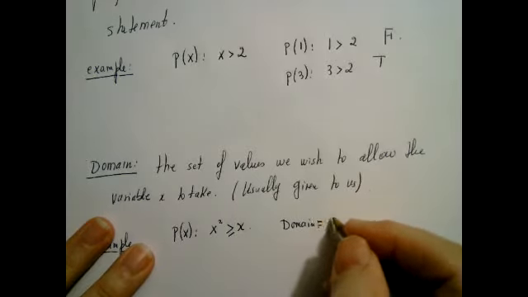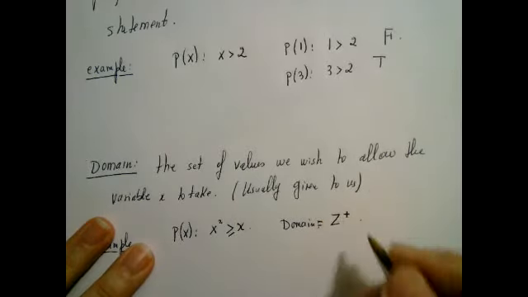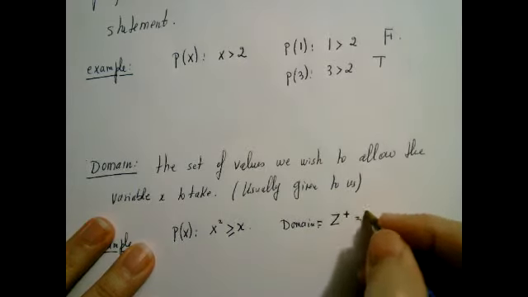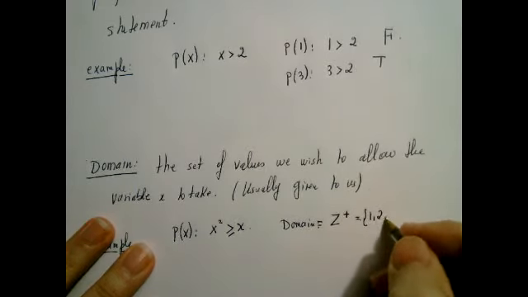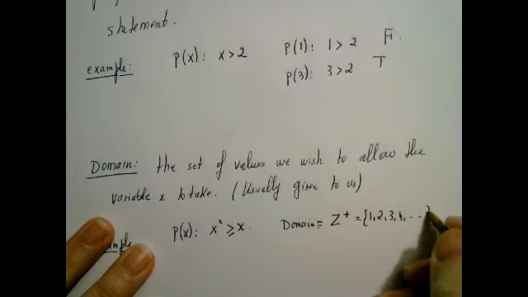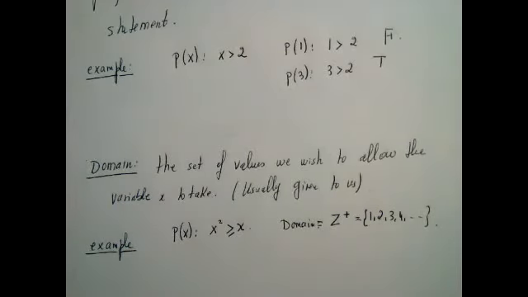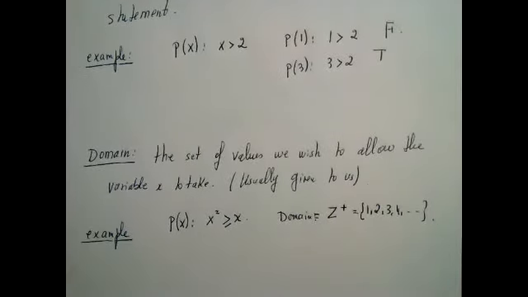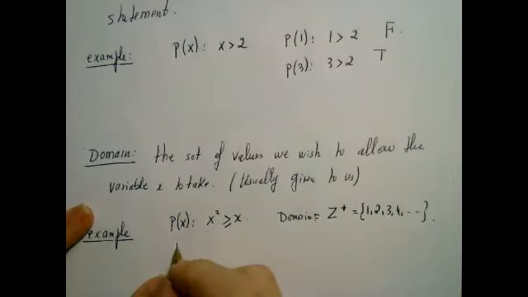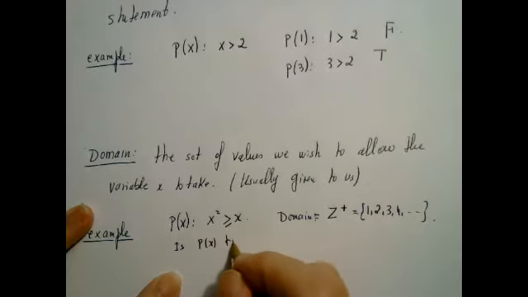So the domain is all the positive integers, which means, let me be very precise, 1, 2, 3, 4, and so on. Now I ask you the following question. Is P of x true?